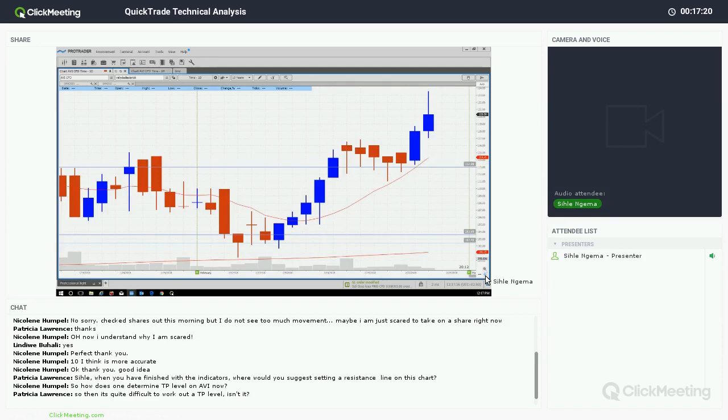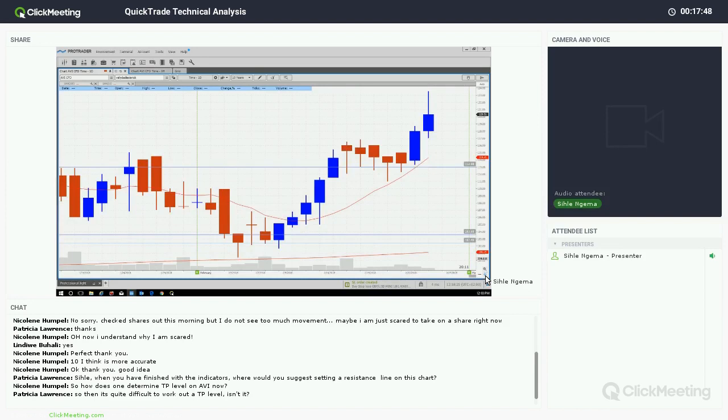Nicolene is asking, so how does one determine TP on AVI? Well, you can use your risk and reward. If your risk is maybe 5 rand on that trade or 100 rand on that trade, you say that you want your profit to be maybe 10 or 20.